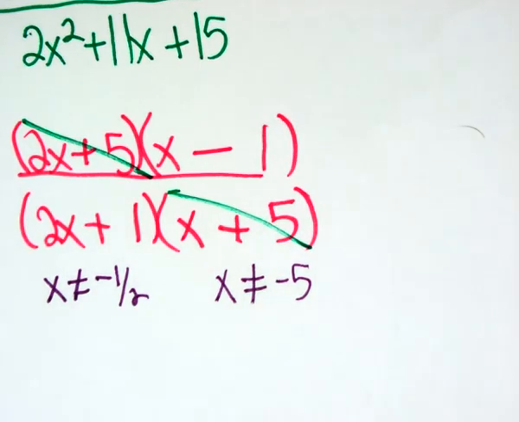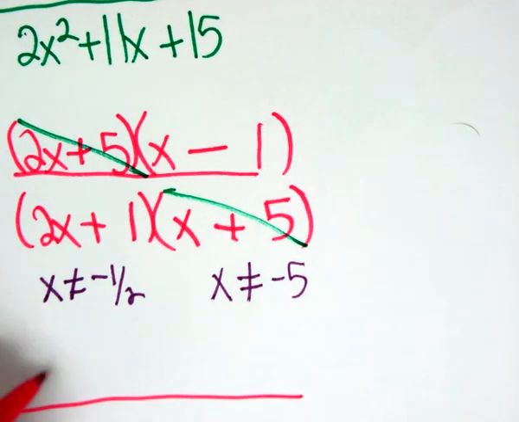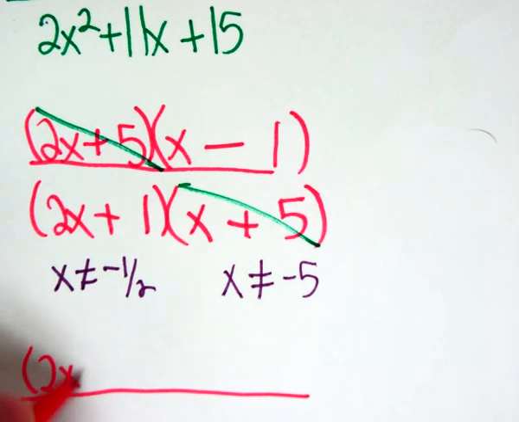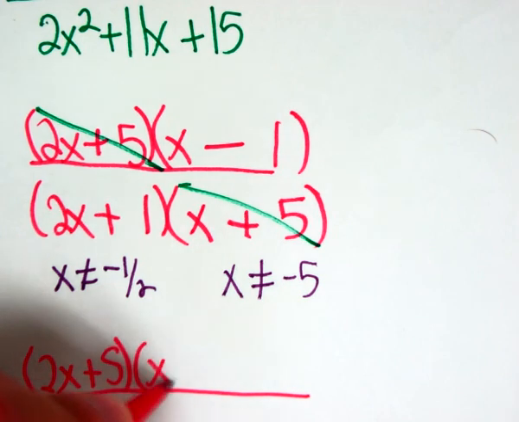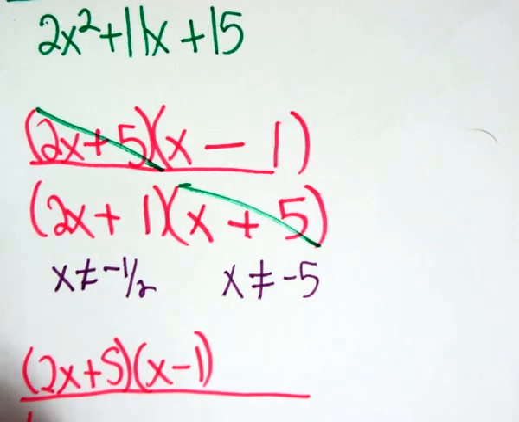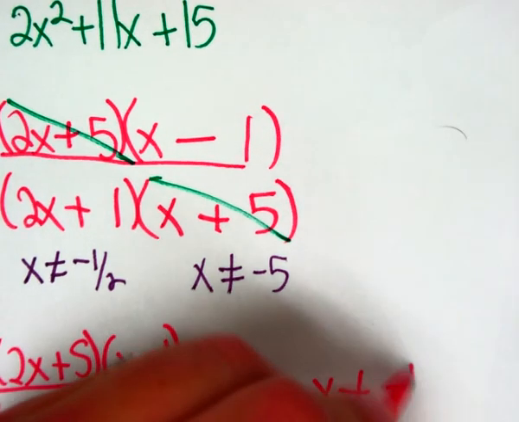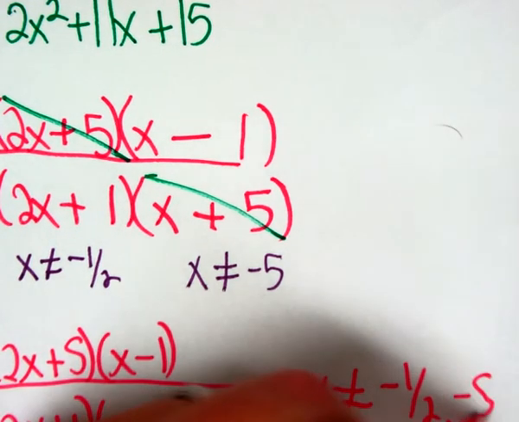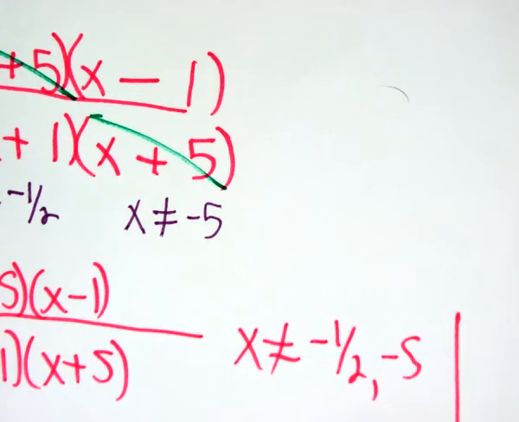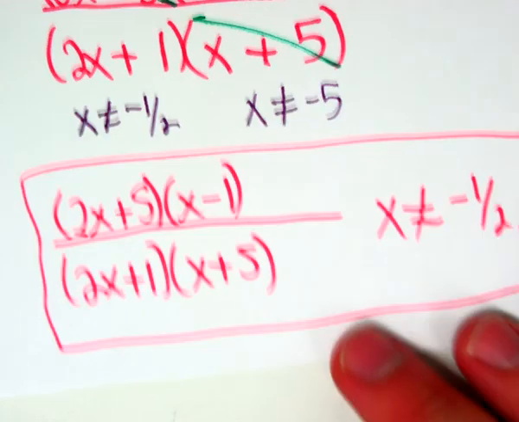Unfortunately, I just crossed off something we weren't supposed to, but the simplified answer for this is just going to be 2x plus 5 times x minus 1 over 2x plus 1 times x plus 5, and x cannot equal negative 1/2 or negative 5. Sometimes that happens where you just can't simplify, and that's okay. All right, so there's your answer.